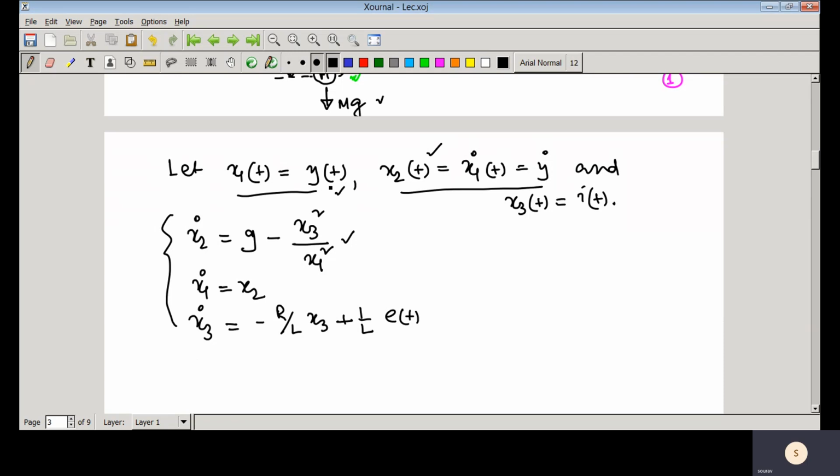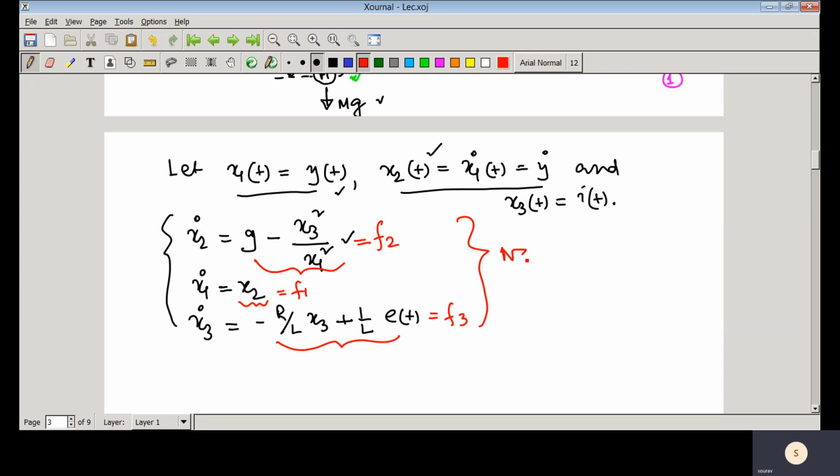So now let us define this, as this is x2 dot, so this function is the f2 function, and here you can see that this is the f1 function and this is the f3 function. So now we'll be linearizing this particular system.